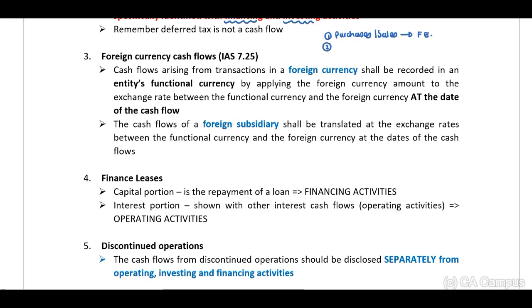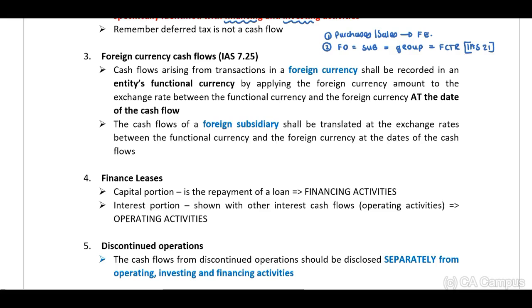Or there can be a foreign operation being our subsidiary in our group that we need to consolidate, and this is where we need to apply IAS 21, and we will have an FCTR account.